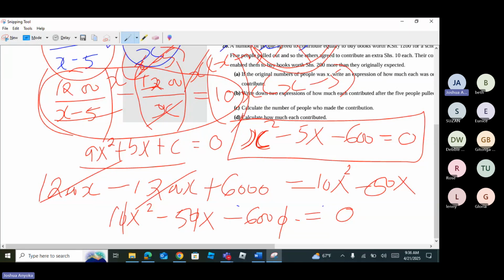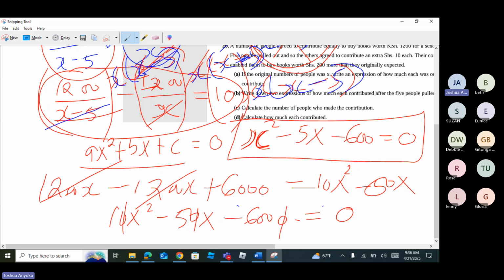We have said LCM is x into x minus 5. We multiply every term with x minus 5. If we do cancellation, x minus 5 will cancel with x minus 5.